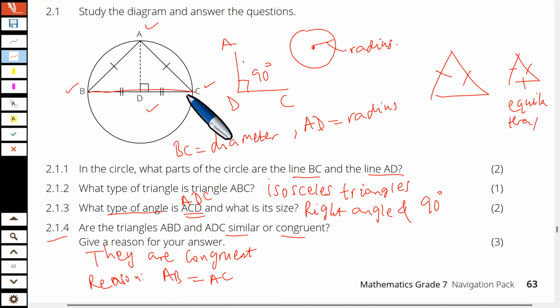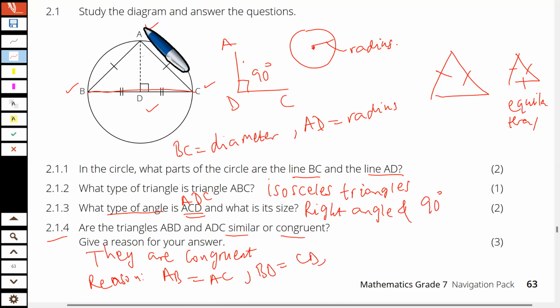Right angle triangle ABD, the hypotenuse BD is equal to the hypotenuse AC. So AC and AB are the same. They're equal to each other. And the corresponding side CD is in the second triangle ACD. So you have a couple of things here. We have that AB is equal to that, but you also have that BD is equal to CD.